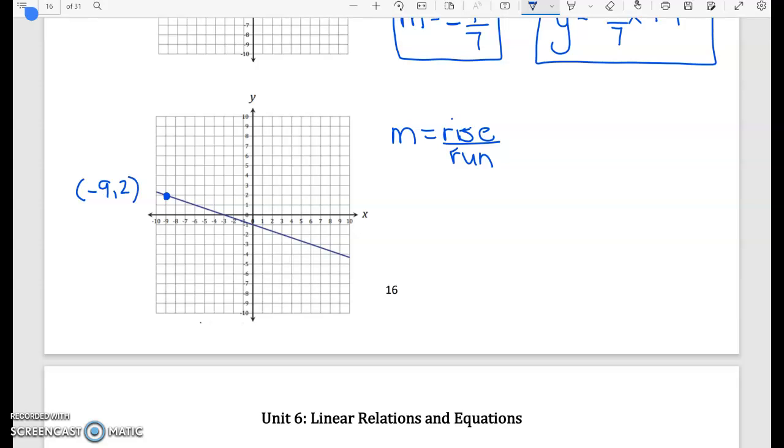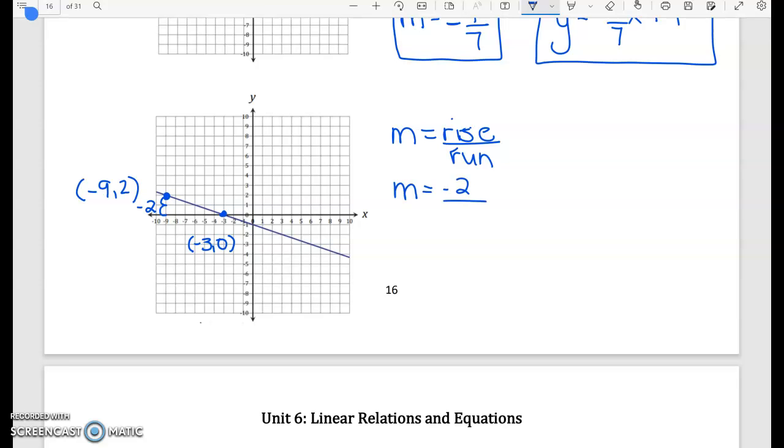And then I'm going to zoom across and pick this point right here, my x-intercept, and it is at -3 and 0. So I need to ask myself, how do I get from my left point to my right point? The first thing I'm going to do is go down. So how much am I going down? It looks to me like I'm going down 2. So my rise is actually a -2.